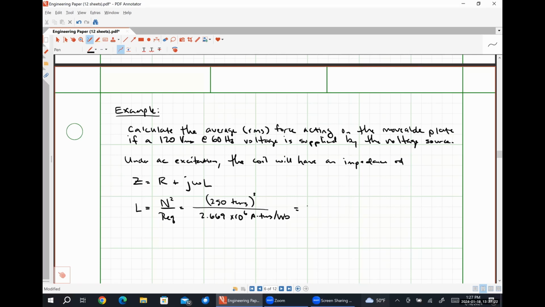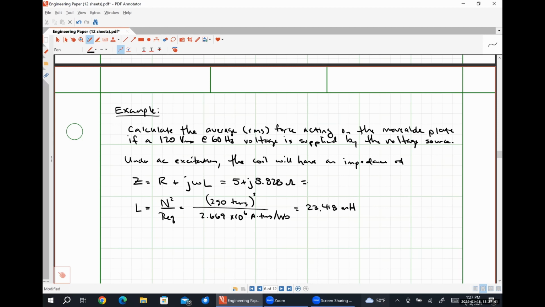And this comes out to be 23.418 millihenry.